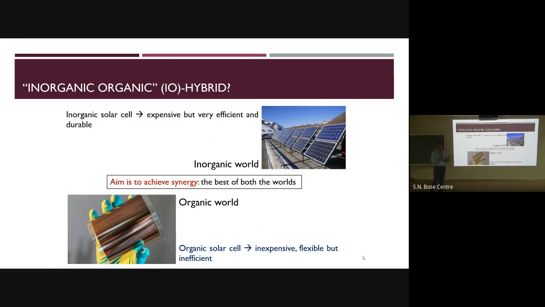The inorganic world is very stable, but it's very expensive, so we cannot afford it in our everyday life. But the organic world is very inexpensive, but it is not very stable. So if you can somehow make a material which is cheap but still very efficient like silicon, that's why people are trying for these inorganic-organic hybrid materials.